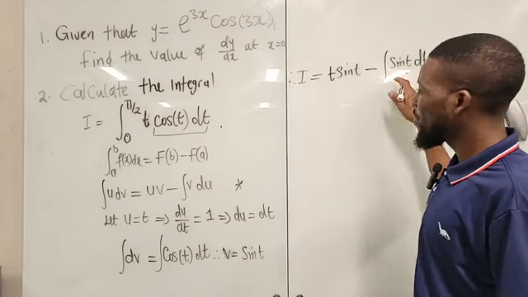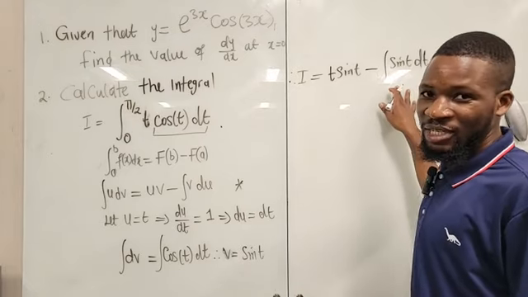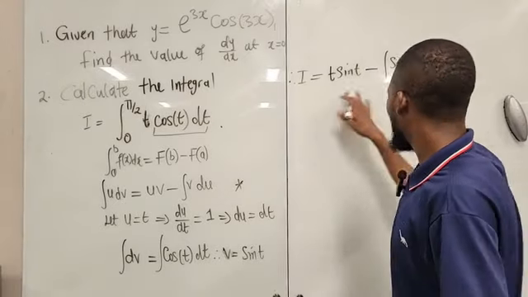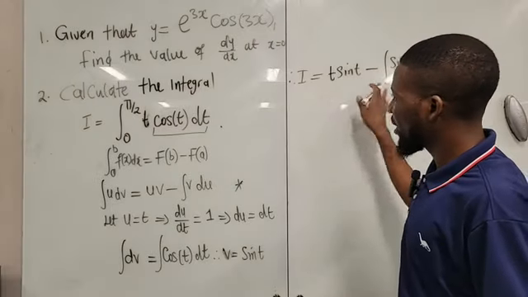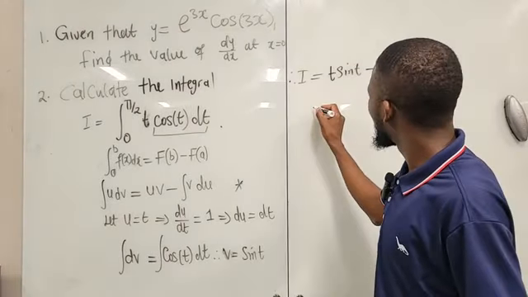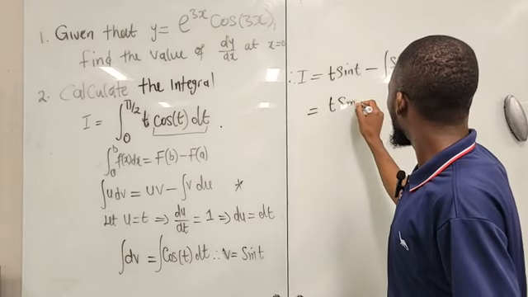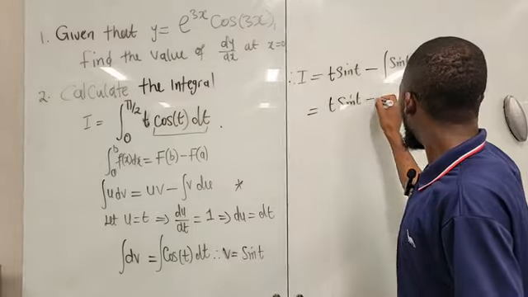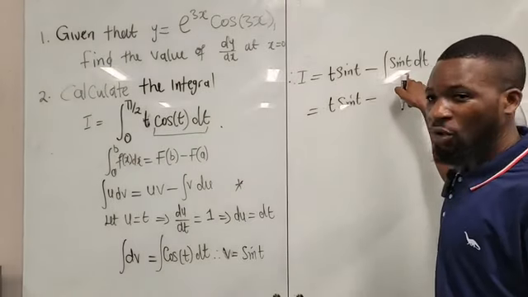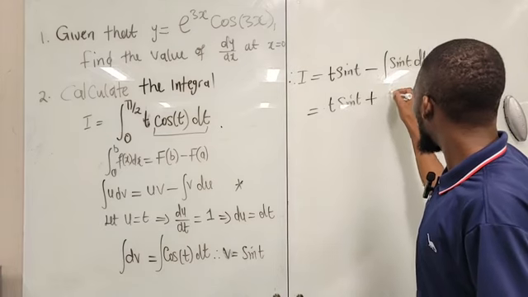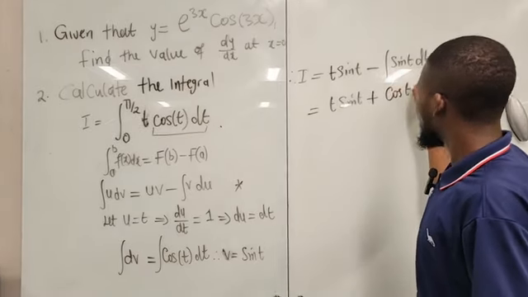But remember, this is not an indefinite integral because it has limits, but I'll just first of all take the antiderivative. So this is t sine t minus, now the integral of sine is negative cosine, so this will be plus cos t.